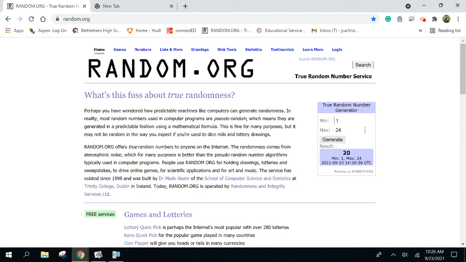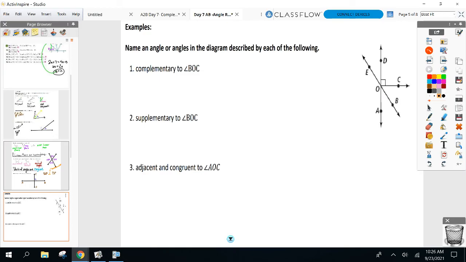Let's go. Addie, think you have one? Complementary to BOC. BOE? Okay, if I go BOE, what type of angle is that? DOB? E? O? B?